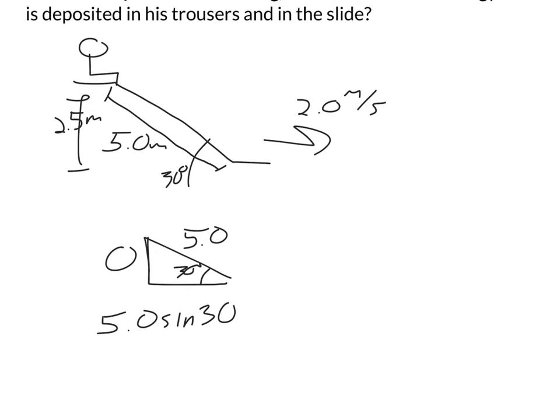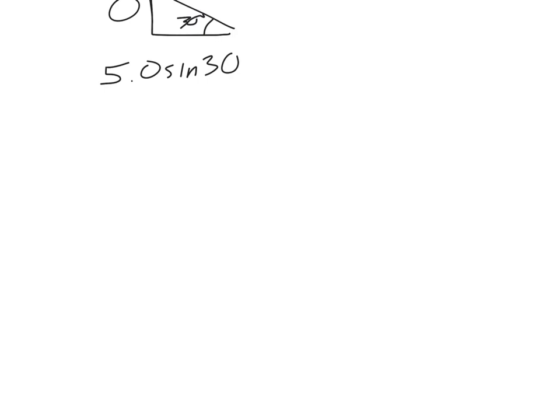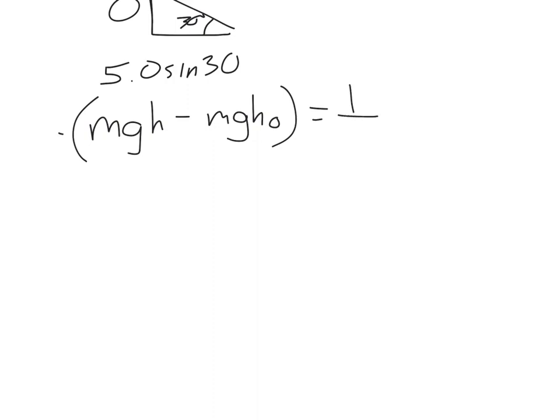So what I'm going to do now, just so you know, I'm going to calculate how much energy, if there was no friction, how fast should he be going at the bottom. And that will tell me how much energy he's actually lost. So go down here. 2.5 meter height. So we have an MGH final minus an MGH naught. And whatever height we lose turns into whatever speed he gains, which is half mv final squared minus half mv naught squared.